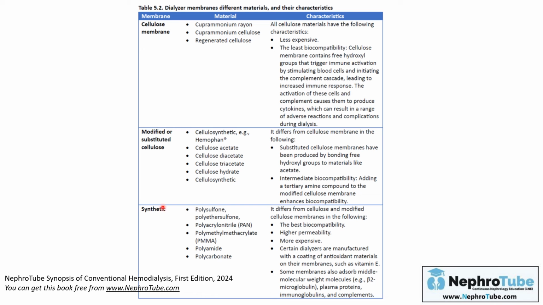And finally, some of these synthetic membranes also absorb middle molecules such as beta-2 microglobulin, and we will talk about this point again later, that some of the synthetic membranes may absorb some of the middle molecular weight molecules.